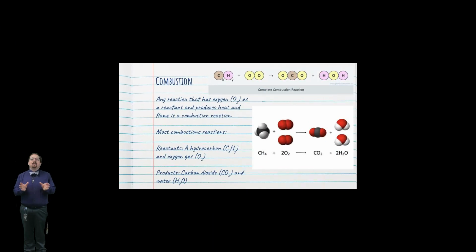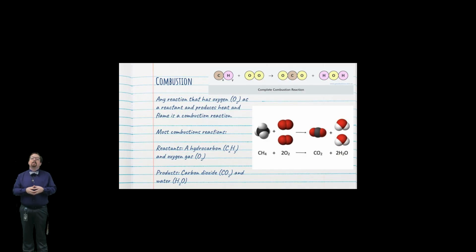Lastly, and the one that's fairly easy to recognize but also easy to forget to look for, is combustion. In a combustion reaction, some compound, usually a hydrocarbon in the examples that you'll encounter, and oxygen react together to form carbon dioxide and water. The only real requirement to be a combustion reaction is that oxygen is a reactant.